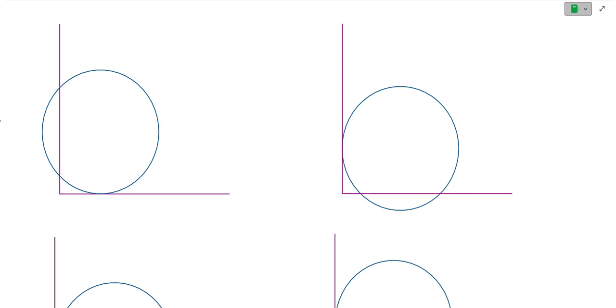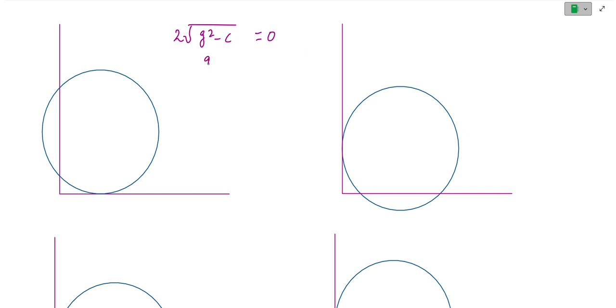If you look at this, it is making a y-intercept, but there is no intercept on the x-axis. It is touching the x-axis. So the x-intercept, 2 times under root g square minus c, will be 0. Why? Because the intercept made by the circle on the x-axis is 0.